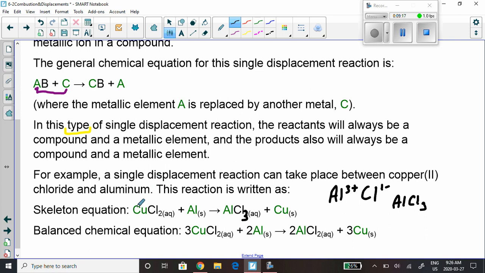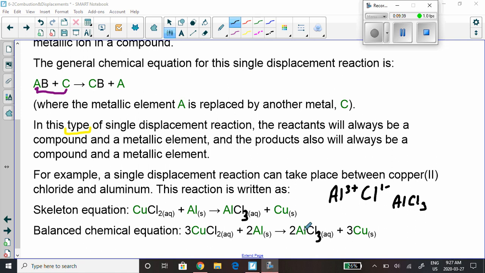Metal replaces metal. And now the copper that was in a solution is out. It's a solid. And the aluminum has combined with the chlorine to be part of a solution. And what we have here then is a chance to do some more balancing practice.